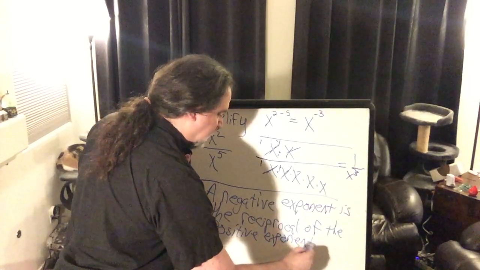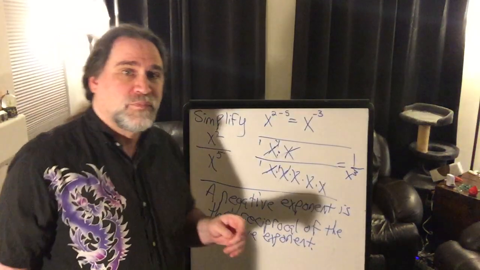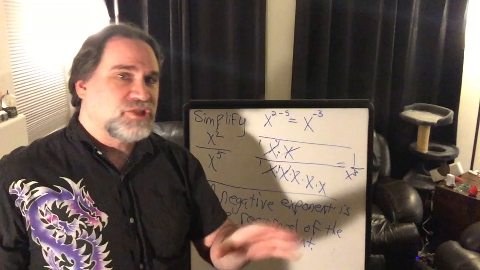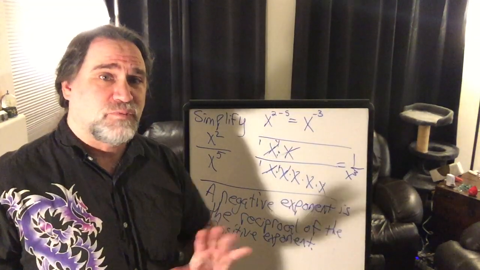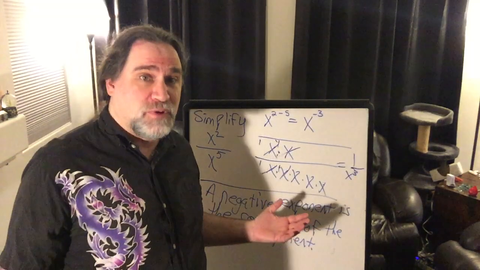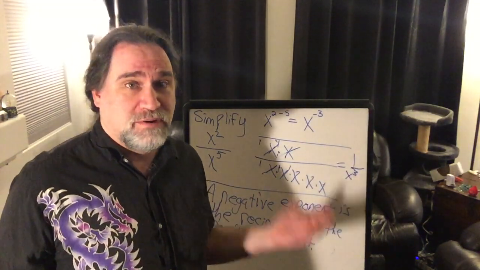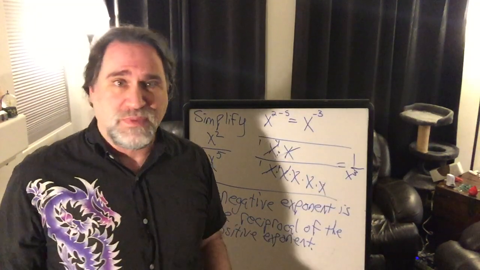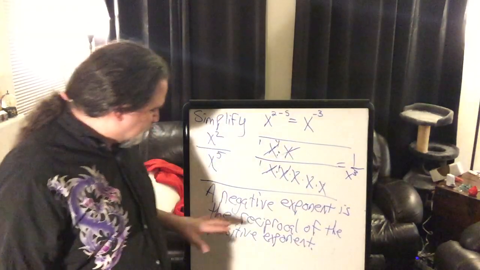And we're going to see that a couple of different ways. It doesn't just mean in the denominator, it means it's the reciprocal. So that matters when, if the negative exponent, for example, was in the denominator, it would mean something I'll show you in just a minute. But this is the definition.